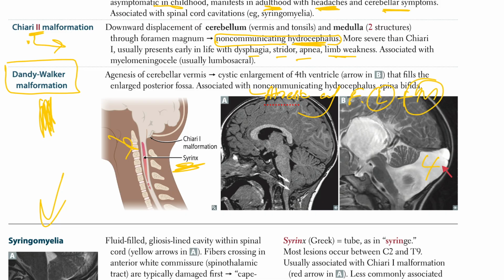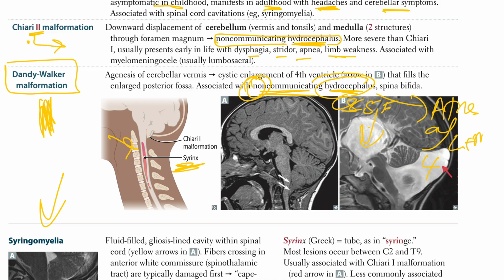But here, just remember that you have atresia of these two foramens, which causes the CSF to not move forward, causing non-communicating hydrocephalus. There is no communication of the CSF because you have atresia of the two foramens, Luschka and Magendie.